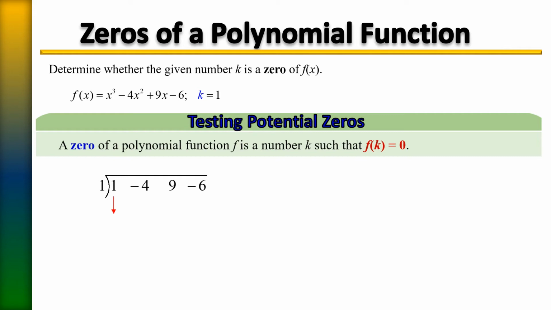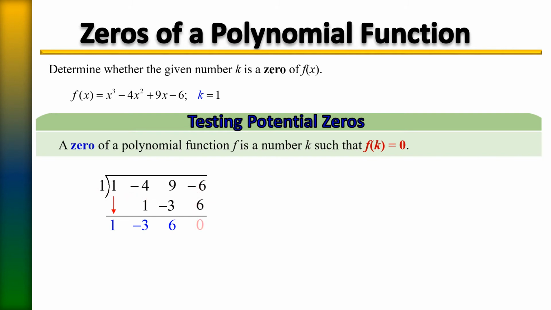We're going to bring down the 1, multiply it with 1 to get 1. Bring down a -3, multiply that with 1 to get -3. Bring down a 6, multiply that with 1 to get 6.